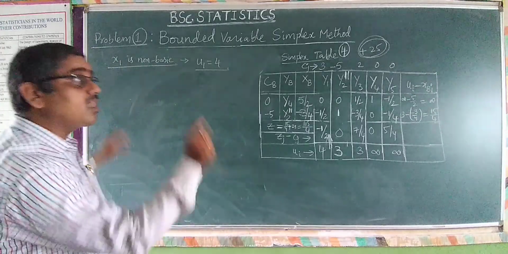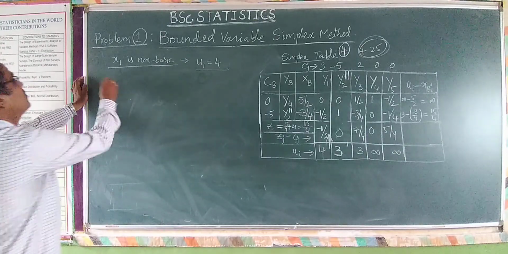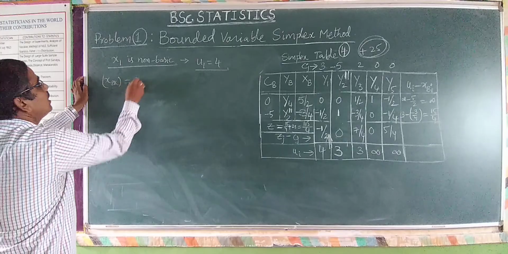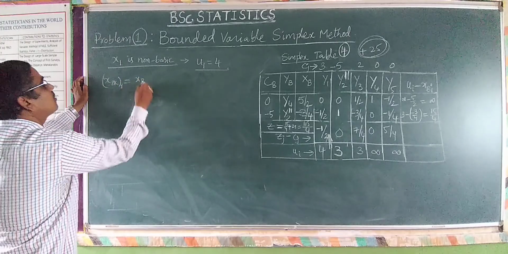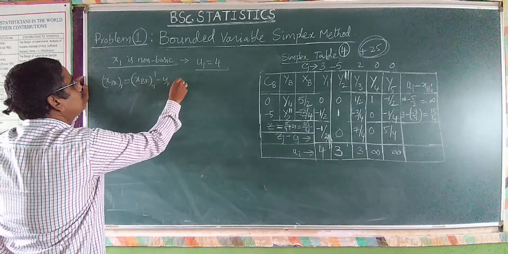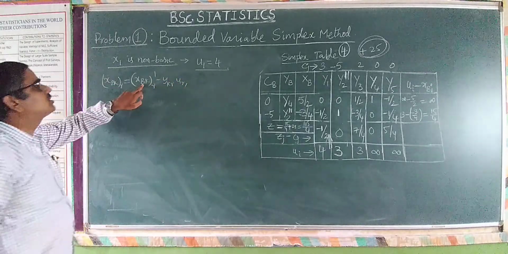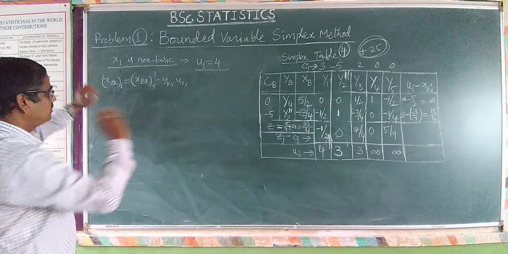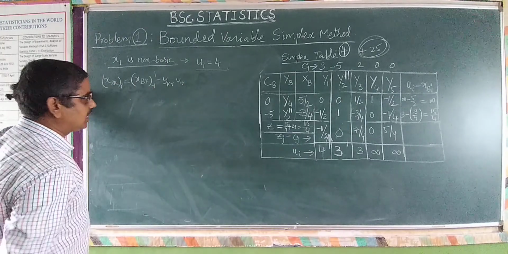So what is the formula for substituting it at its upper bound? xbk r is equal to xbk r dash minus yk r ur, where 0 less than or equal to xbk r dash less than or equal to ur. This is the point we have to calculate.